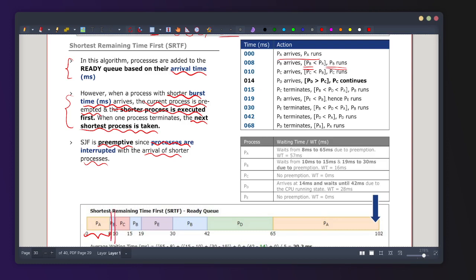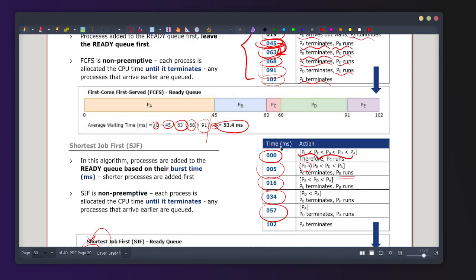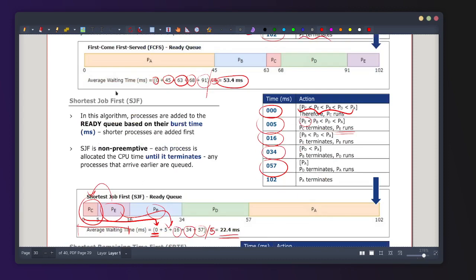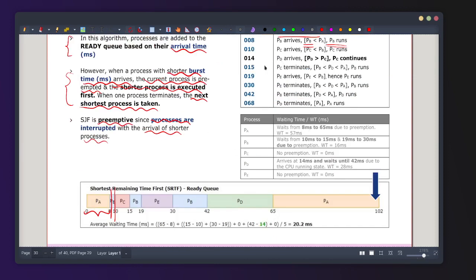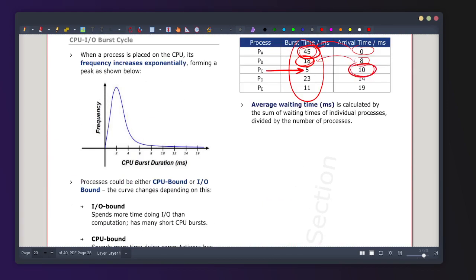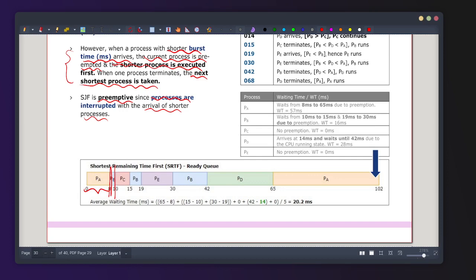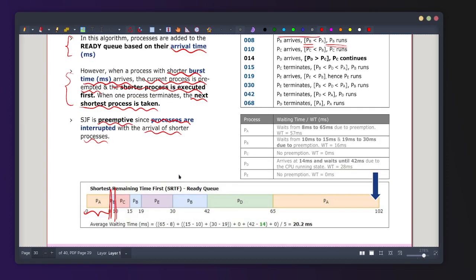What happens at 10? Shouldn't process B be given 18 milliseconds? No. Why? Because while process B is running, process C arrives at 10 milliseconds. Although process B started executing at 8, process C arrived at 10 milliseconds and was shorter in burst time than process B, so process B is preempted and process C starts running instead.